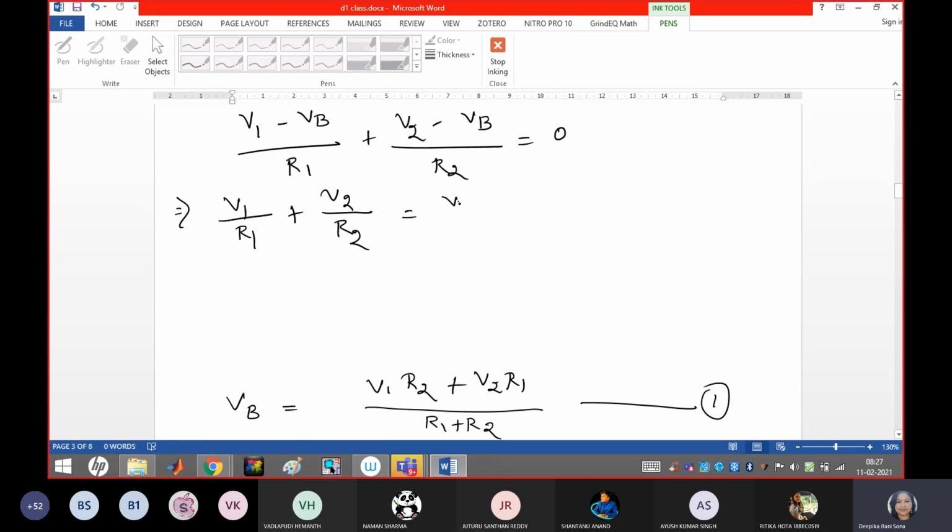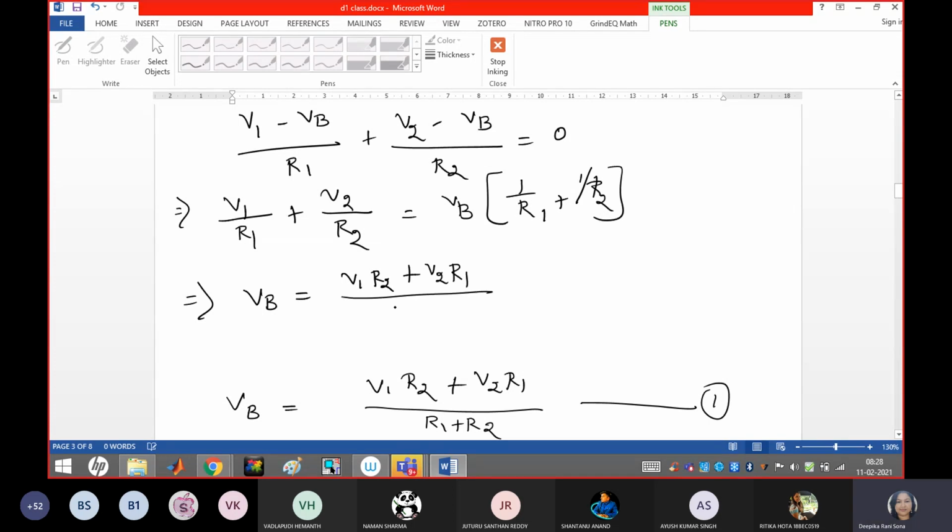So if you solve like this, VB equals V1 R2 plus V2 R1 whole divided by R1 plus R2, into R1 R2.